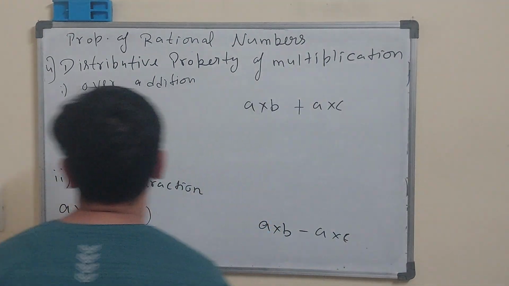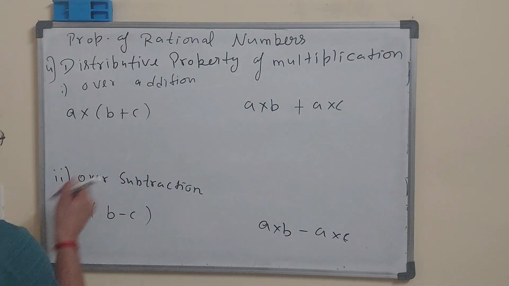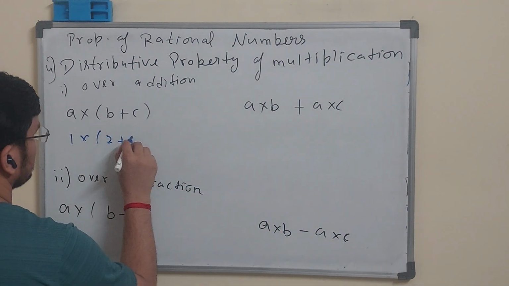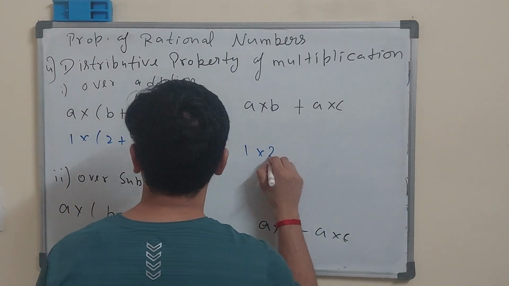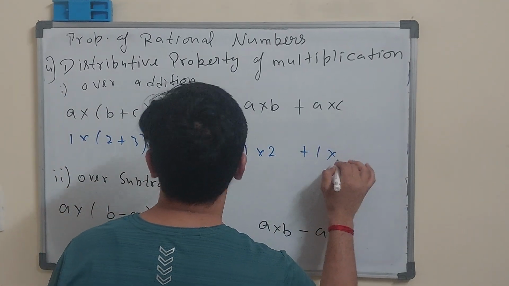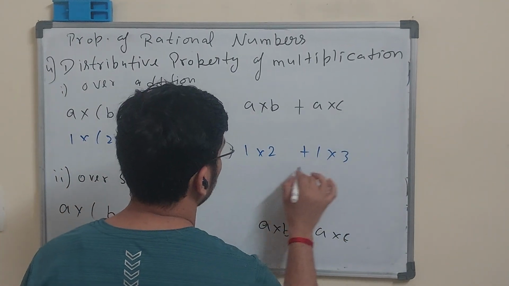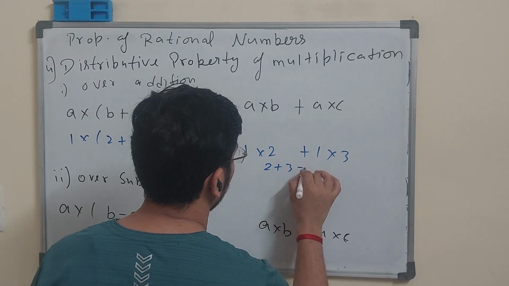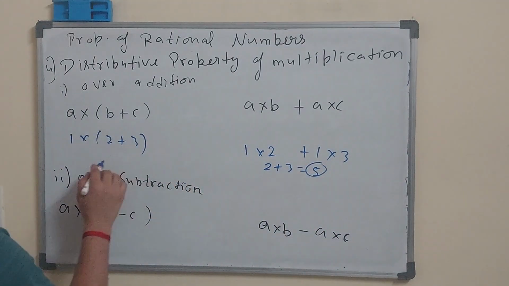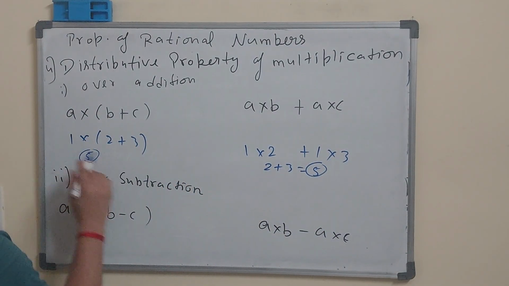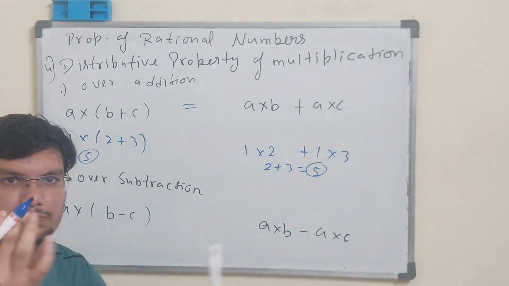Easily we can check by substituting values: 1 into (2 plus 3), 1 into 2 plus 1 into 3. 2 ones are 2, 3 ones are 3. 2 plus 3 we will get 5, and 5 into 1 will be 5. Both equal, so this property is valid.